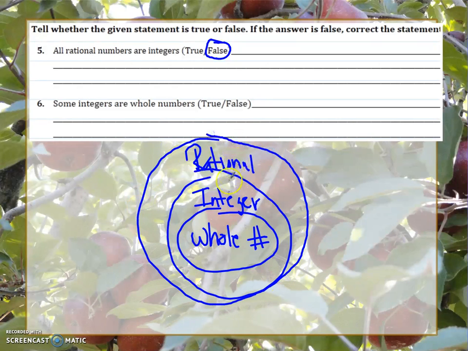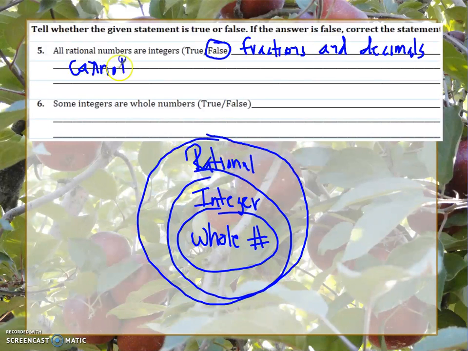All rational are integers. False because fractions and decimals cannot be integers.